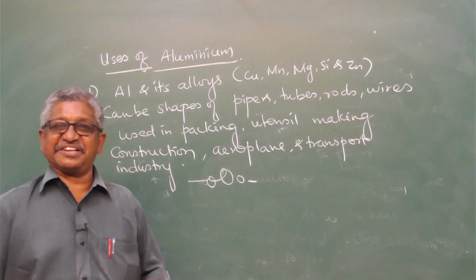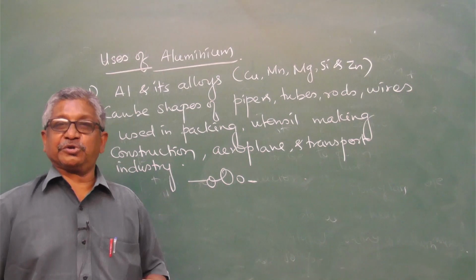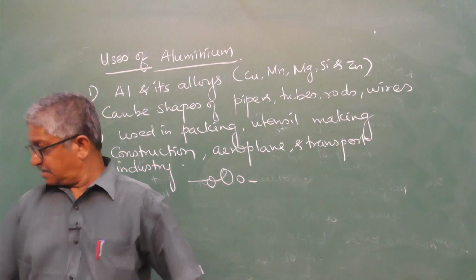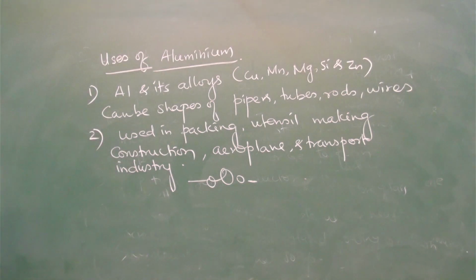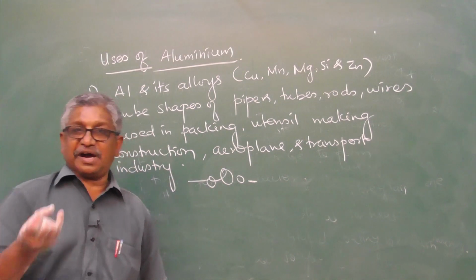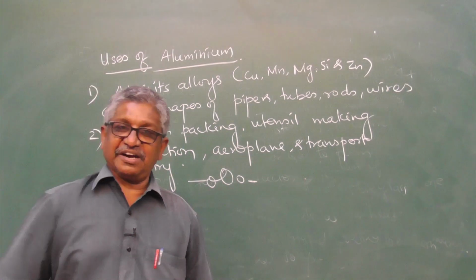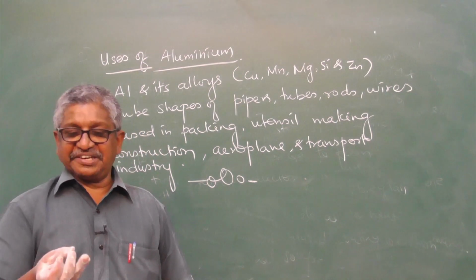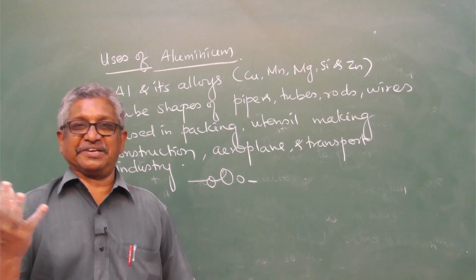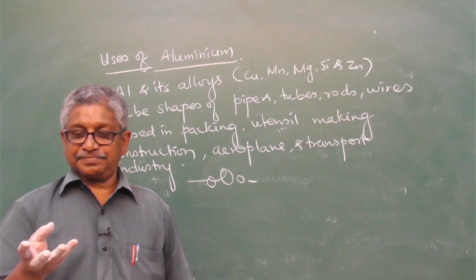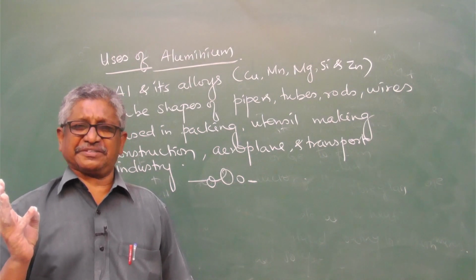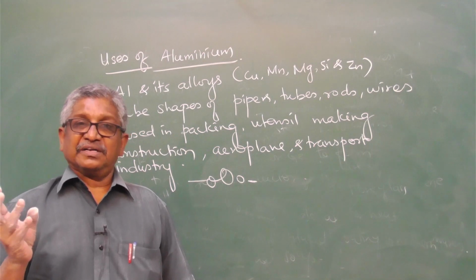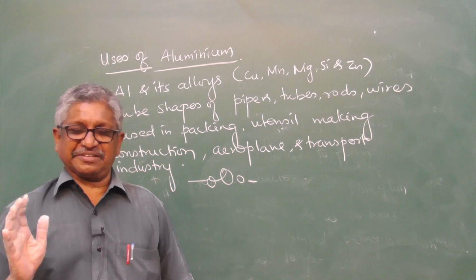Next we will see the 14th group of p block elements: carbon, silicon, germanium, tin and lead, 5 elements. Carbon is the most abundant; silicon is second most abundant.